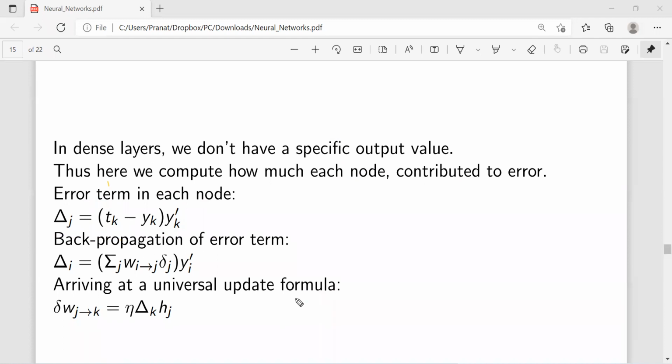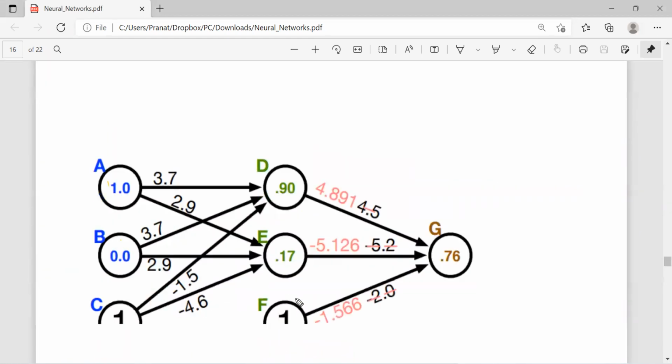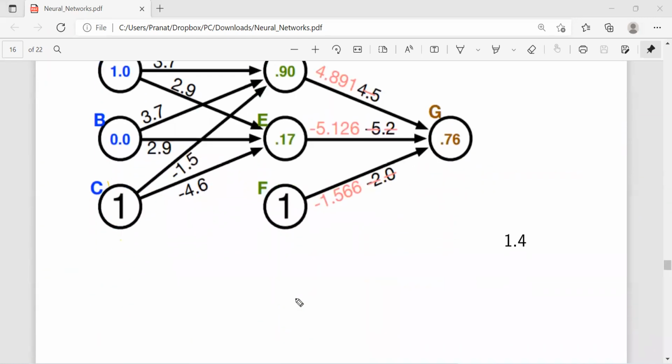So let's do an example. In that way it will be more clear. We know that these are G neurons, right? So we calculate the error in this by eta times the formula (t minus y) into y prime into h. This is 0.13. Let's suppose eta is 10.